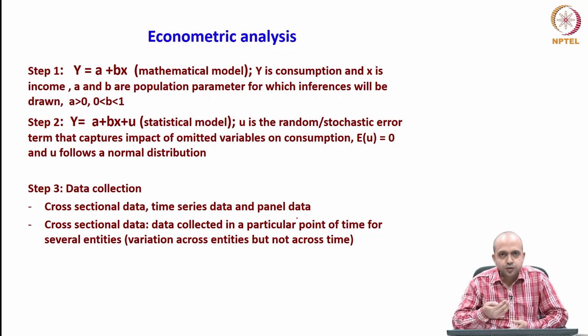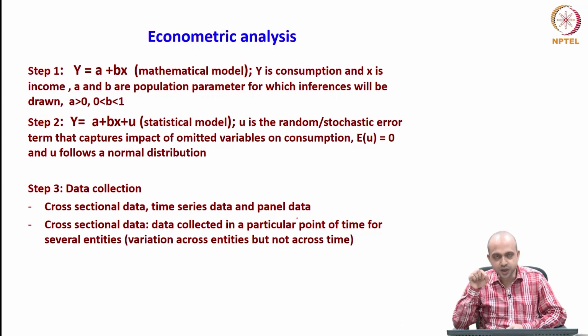So, that means there is variation in your observation, in your data across individuals, but there is no variation across time, because this data is collected only in a particular point of time, okay.